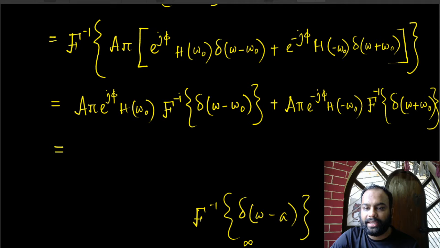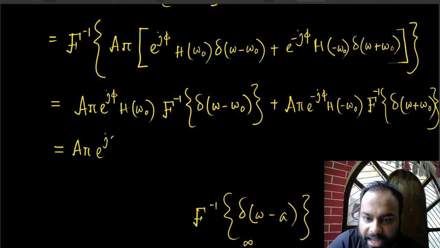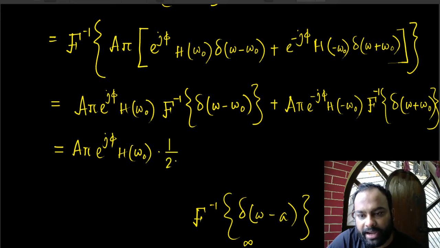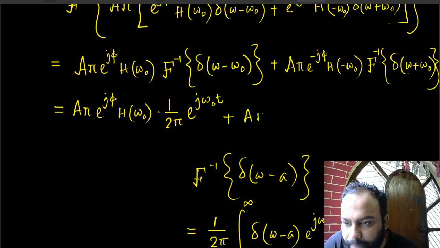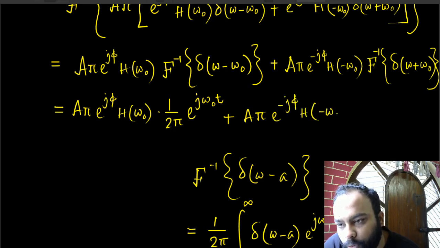So let's go back here. I have a pi e to the power j phi h omega naught, all these are constants, and here I have 1 by 2 pi e to the power j omega naught t, plus a pi e to the power minus j phi h minus omega naught, and that's going to be 1 by 2 pi e to the power minus j omega naught t.